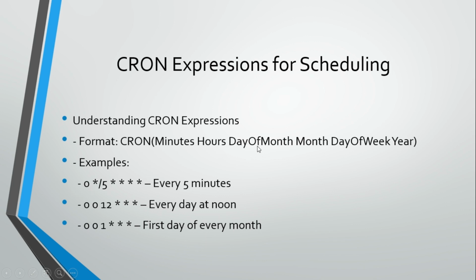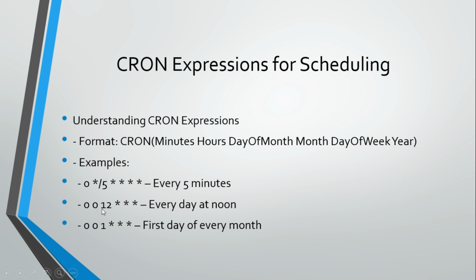And then day of month, if you define star, it means it is going to run every day of the month. Star is just like a placeholder, which means all, every day, every time. If you want to run an Azure function every day at noon, you give 12 here, because the second parameter is hours, so we define 0 and 12.